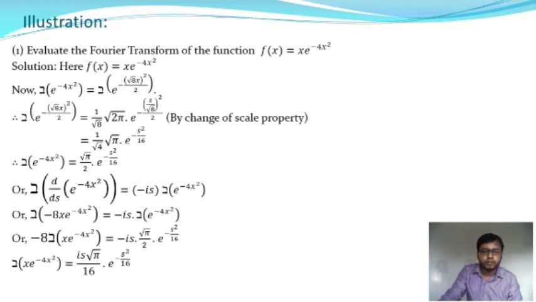From this we will get the Fourier transformation of the function x into e to the power minus 4x², and it will give is into root of pi by 16 into e to the power minus s square by 16. So this is the value of the Fourier transformation of x e to the power minus 4x², by applying the change of scale property and the fifth rule on the derivative of the Fourier transformation.